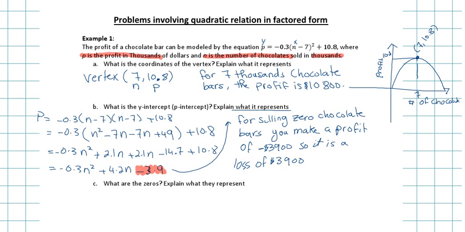So I'm going to show you another way that you can do this. As I said, if you're looking for the y-intercept, you can plug in 0 for x, or for n in this case, sorry.